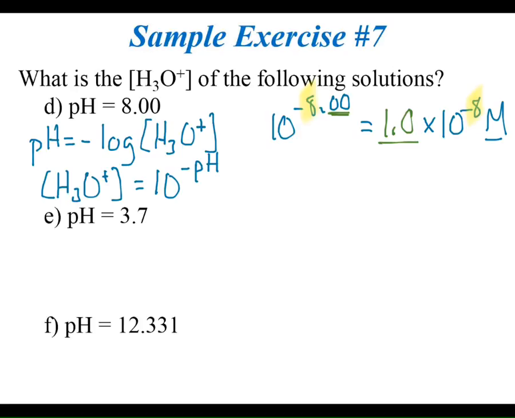Okay, try the next one. 3.7. Okay, let's say I was finding the pH and I give you this number. You would say, this becomes the 8, so these 2 become these 2. Now we're doing it the other way.